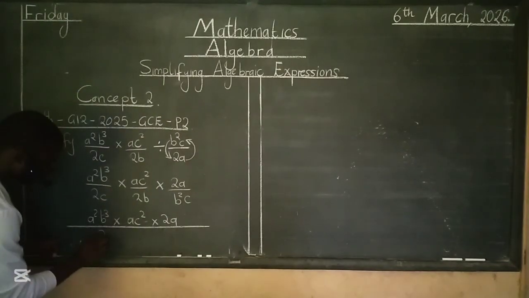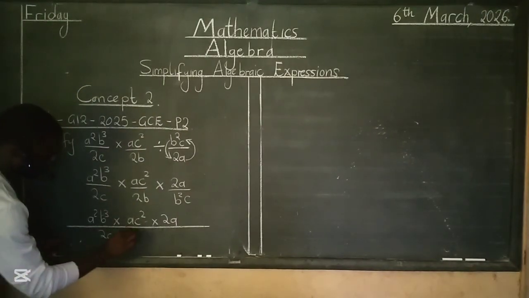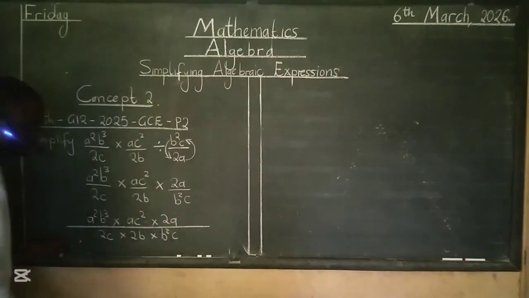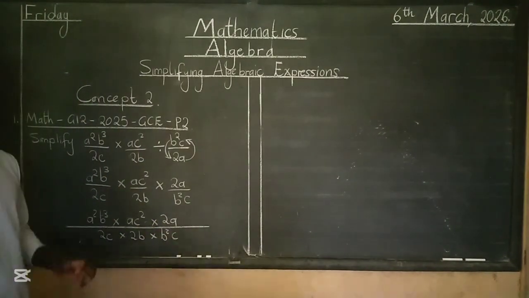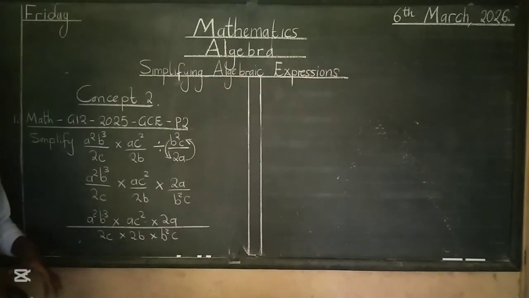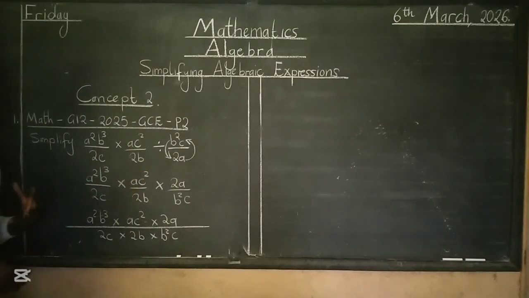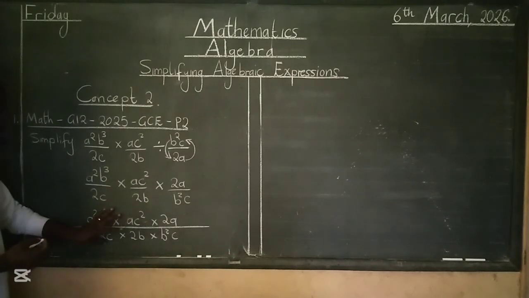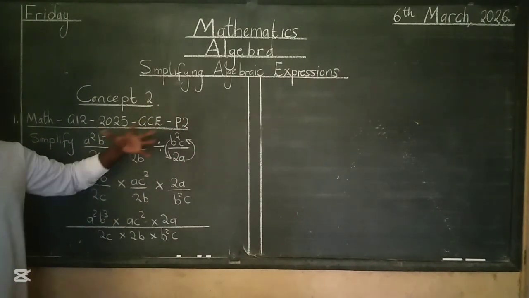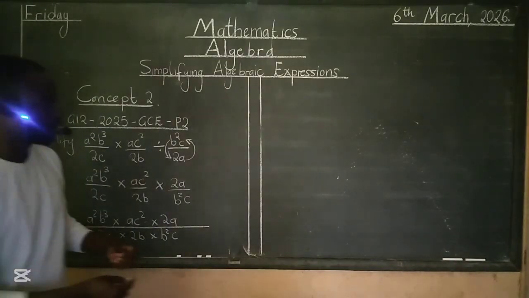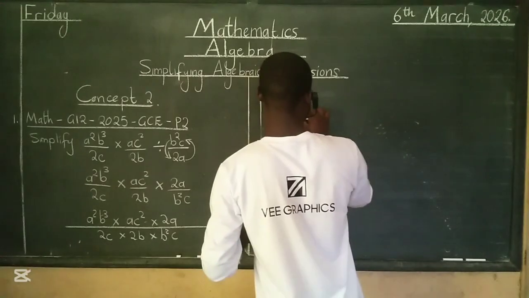The bottom part, 2c times 2b times b squared c. If you know what to do here, you can go ahead and just do this straightforward. Some people can even cancel from here. But to make sure you understand everything I'm teaching, I'm going to get this, put it there, expand it so you can see each and everything I am doing.